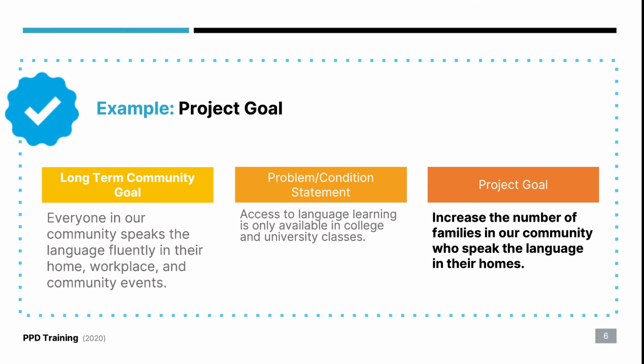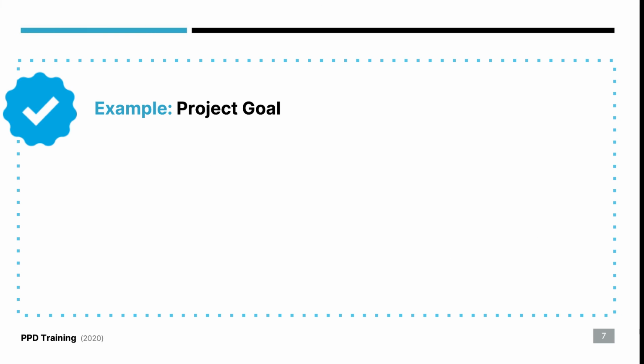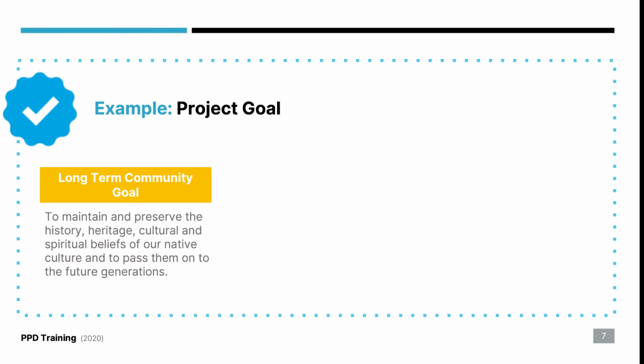Or if you are trying to develop a project that's looking at generational transference of cultural knowledge, right? So the long-term community goal is to maintain and preserve the history, heritage, culture, and spiritual beliefs of our native culture and to pass them on to future generations. That's that foundational goal that your community has identified.